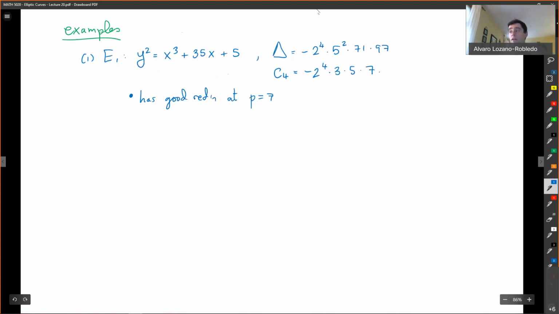Because delta is not 0 modulo 7. You get that the reduction is y squared equals x cubed plus 5 over F7, which is a perfectly fine elliptic curve.